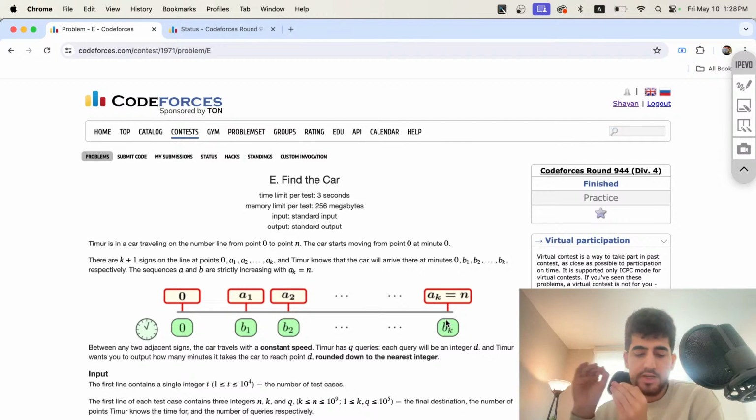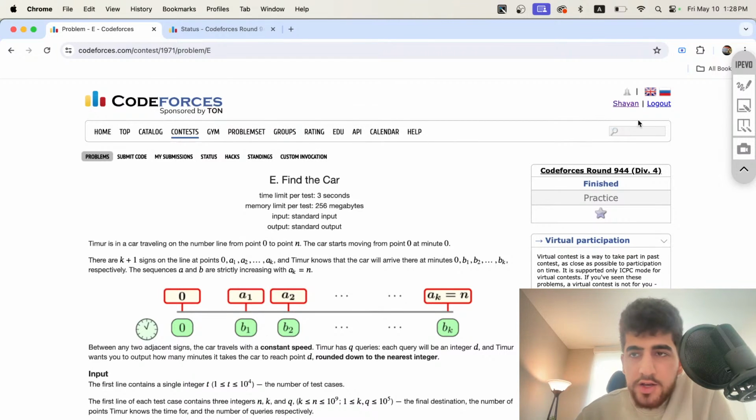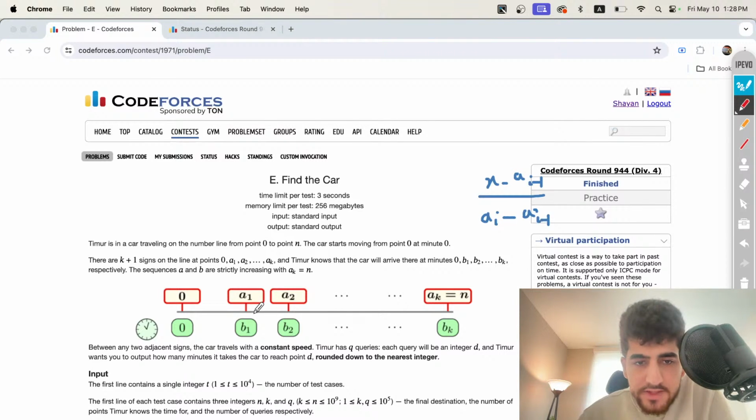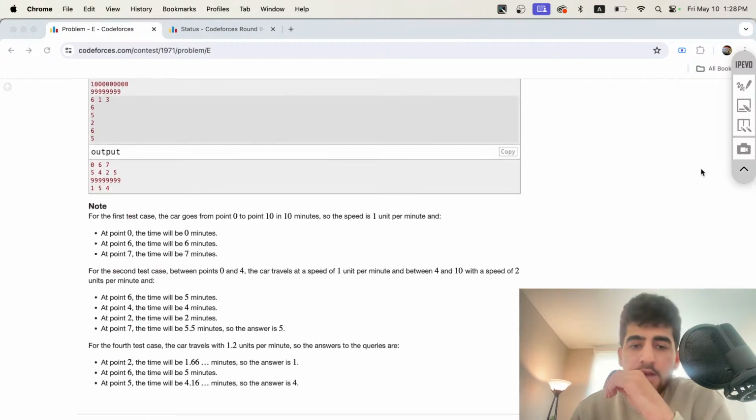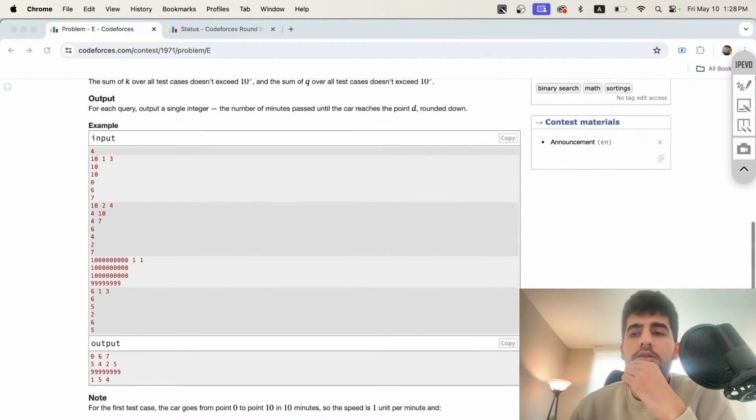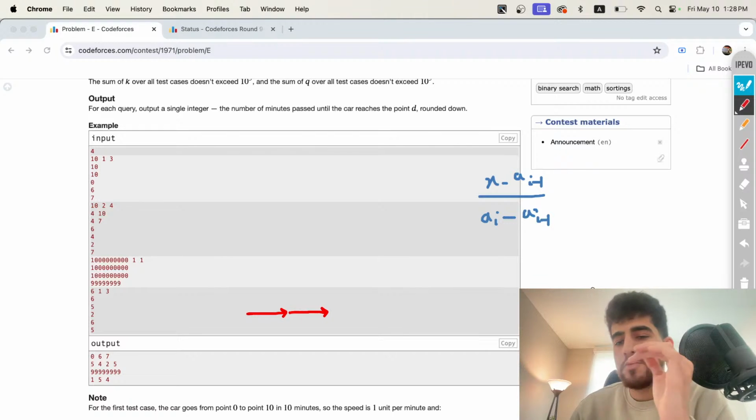For example, between these 2 points the car goes with a constant speed. It doesn't change its speed between 2 points. After it reaches these points it can change its speed, but between 2 points it always has a constant speed. So we are gonna move on like this.